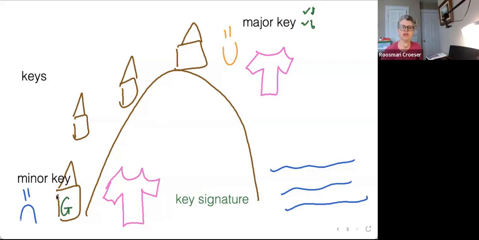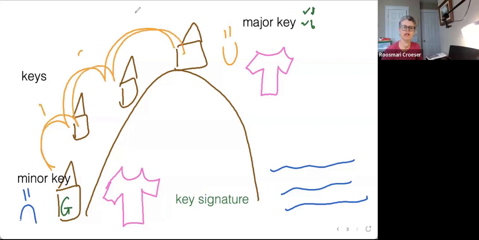So if the minor, the sad friend, wants to visit his happy friend, he has to go up the mountain. Going up. My best friend. 1, 2, 3. 3 half steps. Let's see, we have G on the piano.